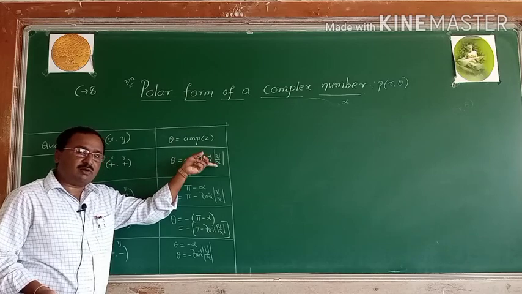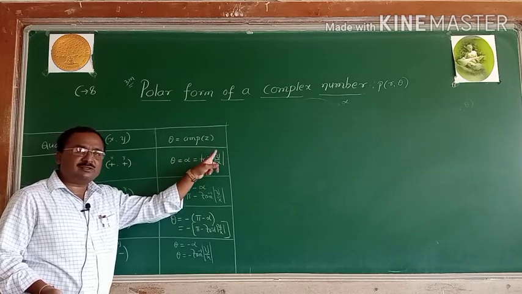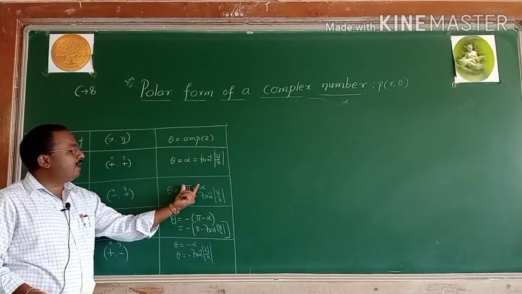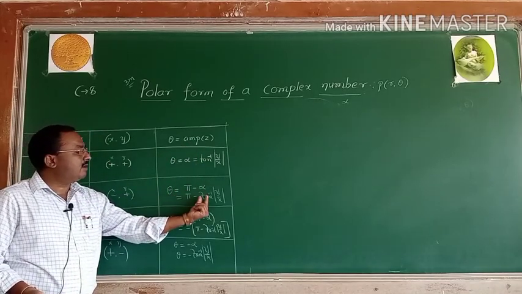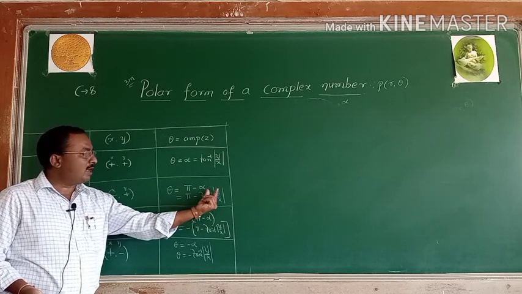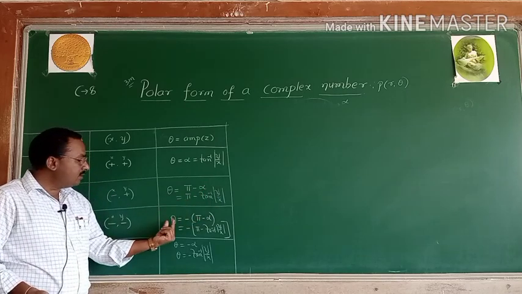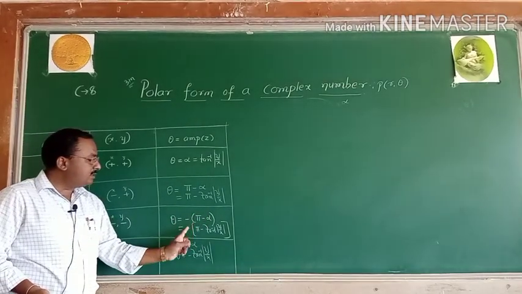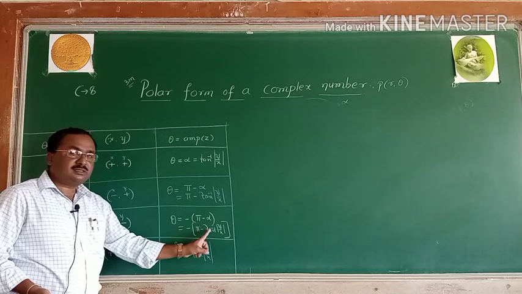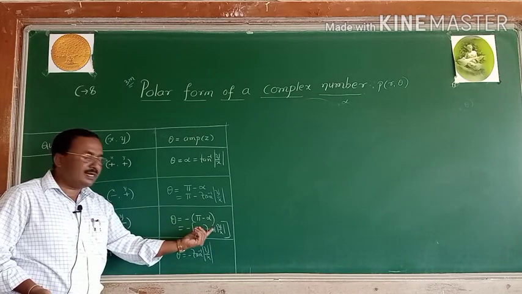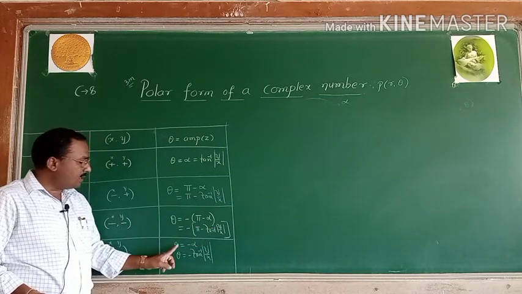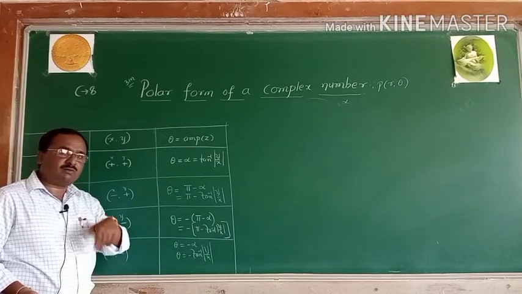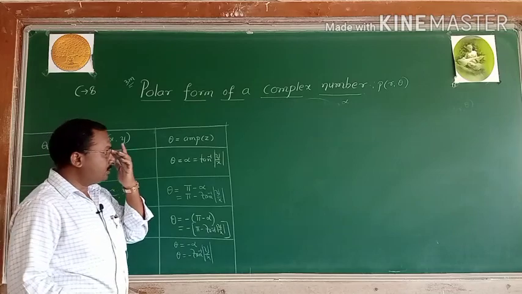Second quadrant, theta is pi minus alpha. Third quadrant, theta is equal to minus of pi minus alpha, that is minus, pi minus tan inverse of the modulus of y by x. Fourth quadrant, theta is equal to minus tan inverse of the modulus of y by x.